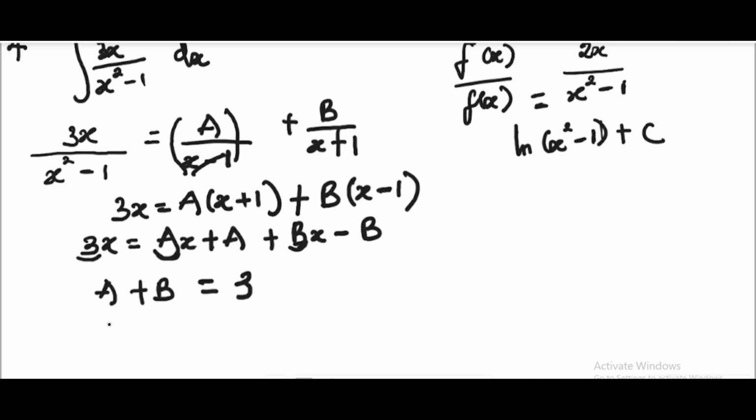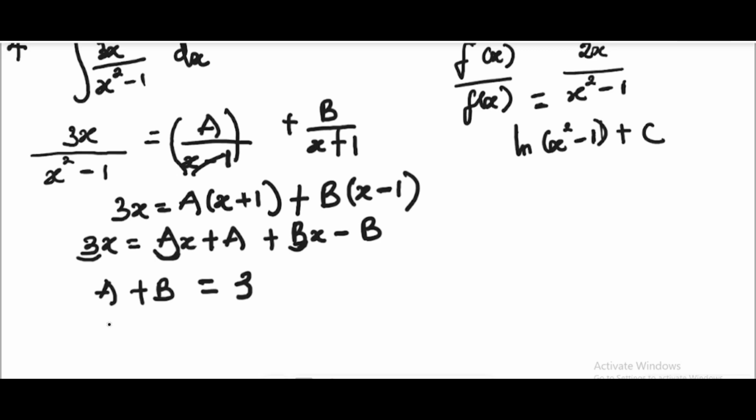Now, taking it back to integration, since we have 3 over 2 as a common term, we can factor it out as 3 over 2 times 1 over x plus 1 plus 1 over x minus 1.